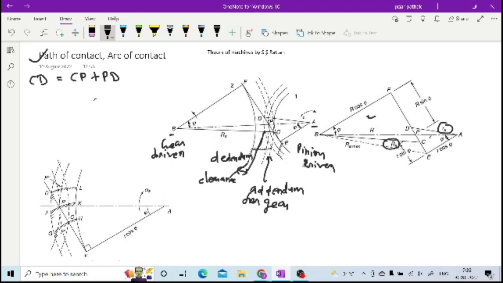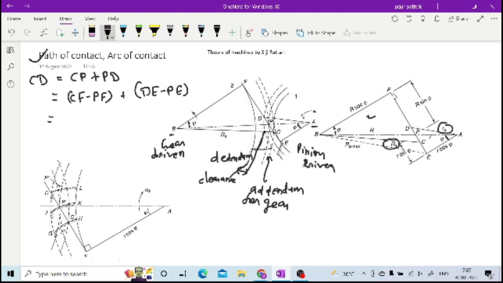Now if you find this CP and PD, then CP can be written as CF minus PF, and PD can be written as DE minus PE. Right, so you have CF minus PF plus DE minus PE. Now CF, how will you find CF?